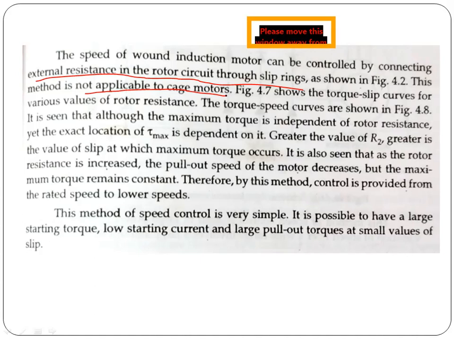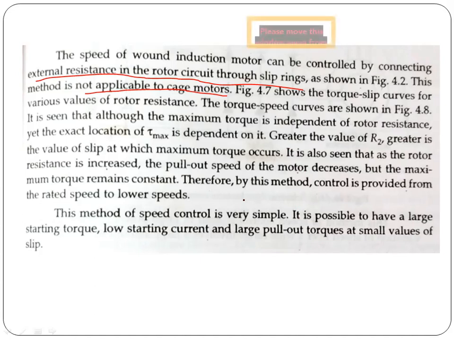It is also seen that as the rotor resistance is increased, the pull-out speed of the motor decreases, but the maximum torque remains constant. Therefore, by this method, control is provided from rated speed to lower speed.